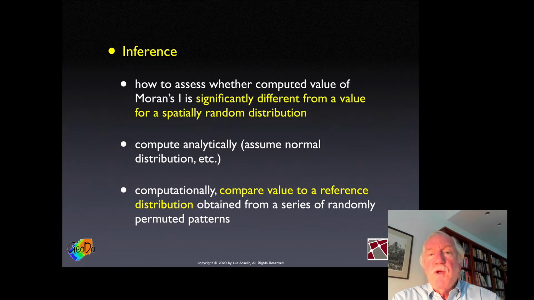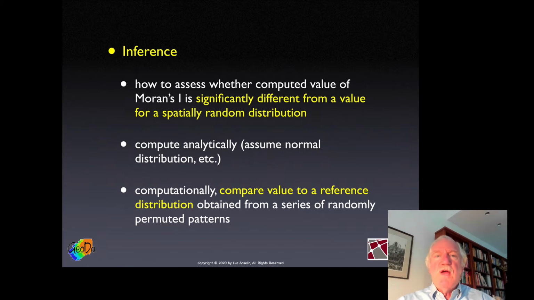And then for a normally distributed variable that is spatially random, one can compute what the mean of the Moran's I statistic would be, what its variance would be, and then using another approximation, we can compute a z statistic and assess its significance. So those are the analytical derivations.